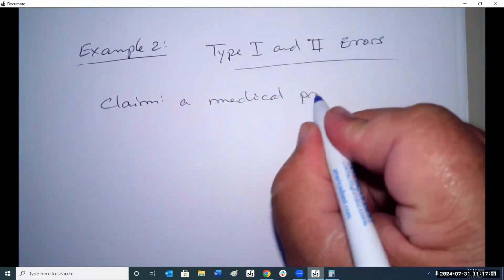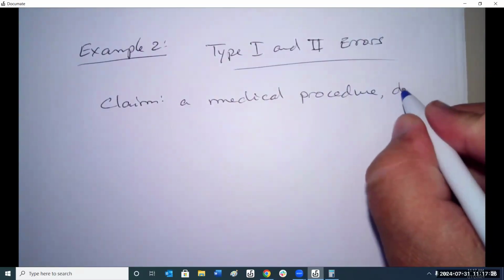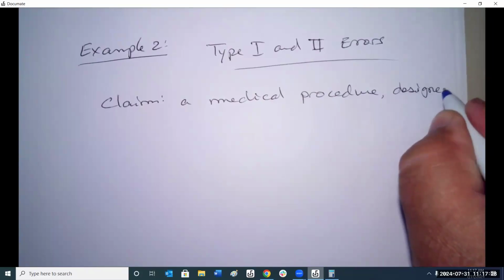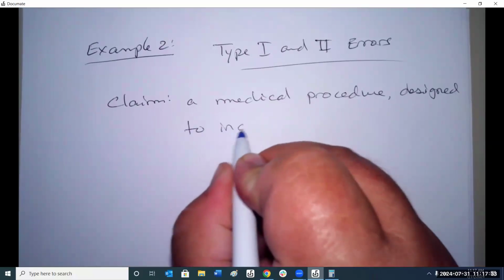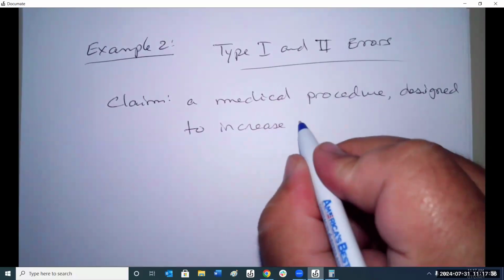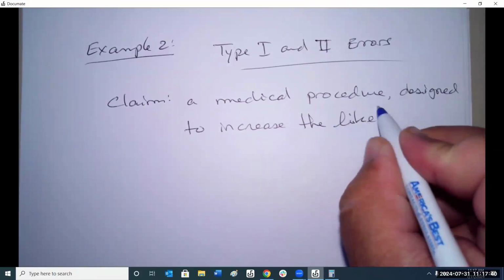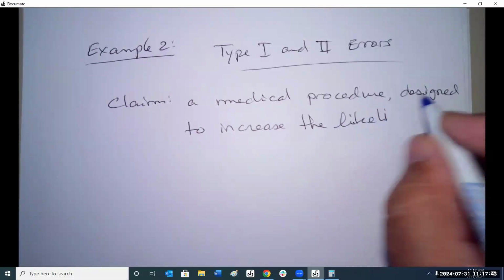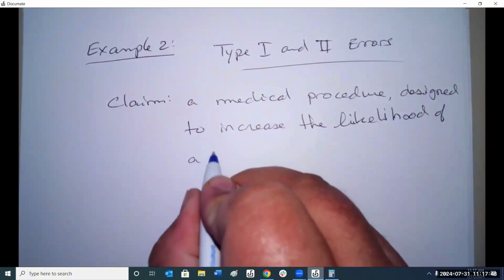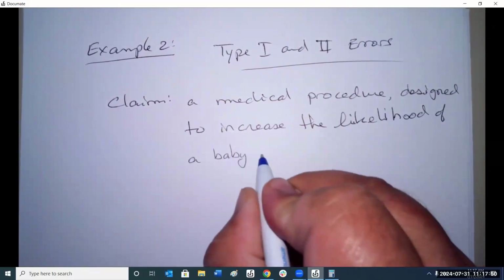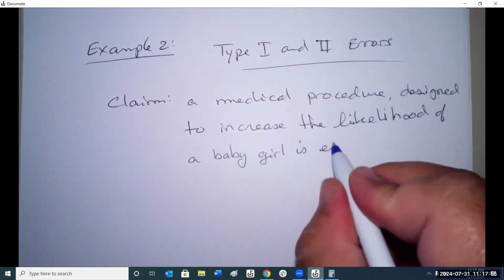A medical procedure designed to increase the likelihood of having a baby girl.